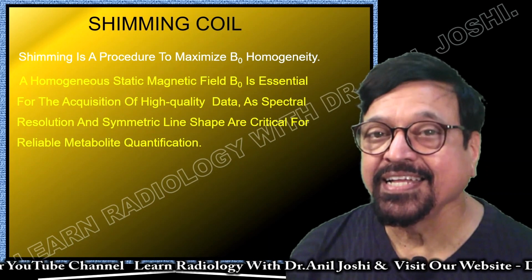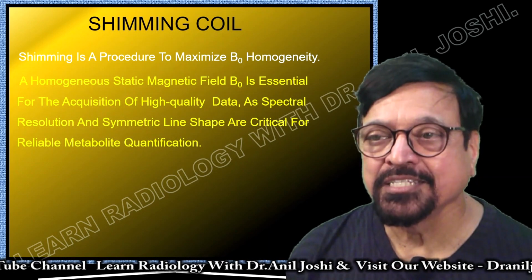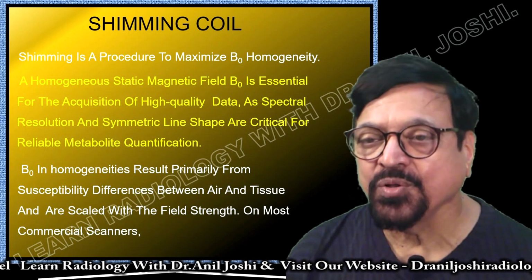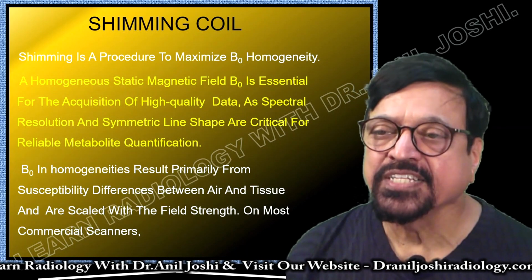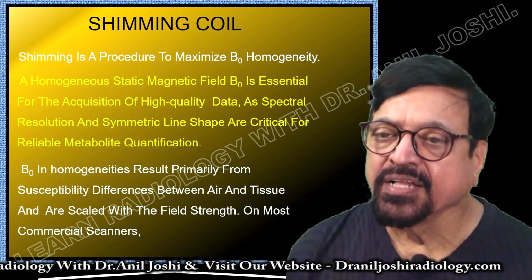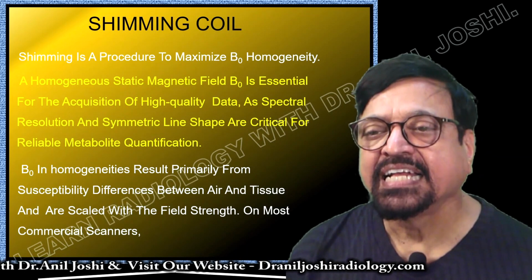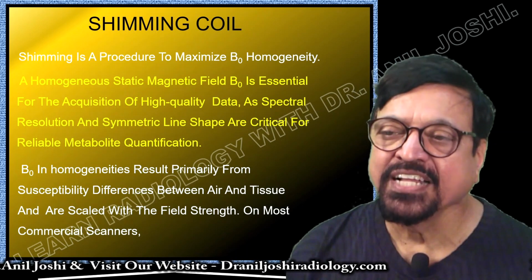Where do we do it? That is MR spectroscopy, where the metabolites are measured. Now B0 inhomogeneities result primarily from susceptibility differences between air and tissues and scale with the field strength.